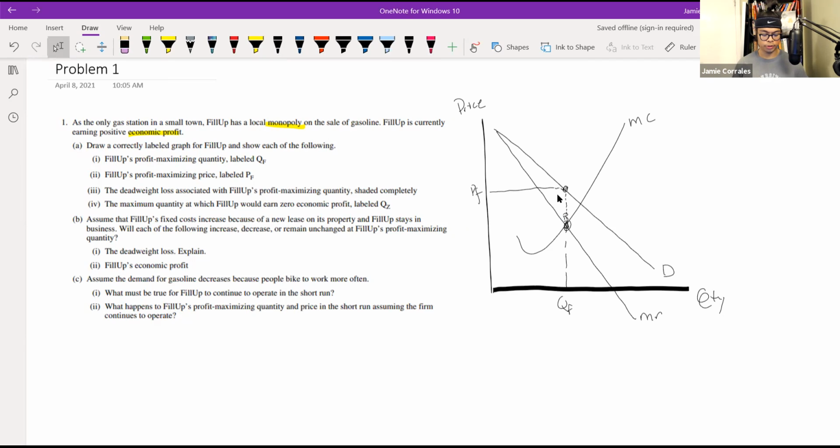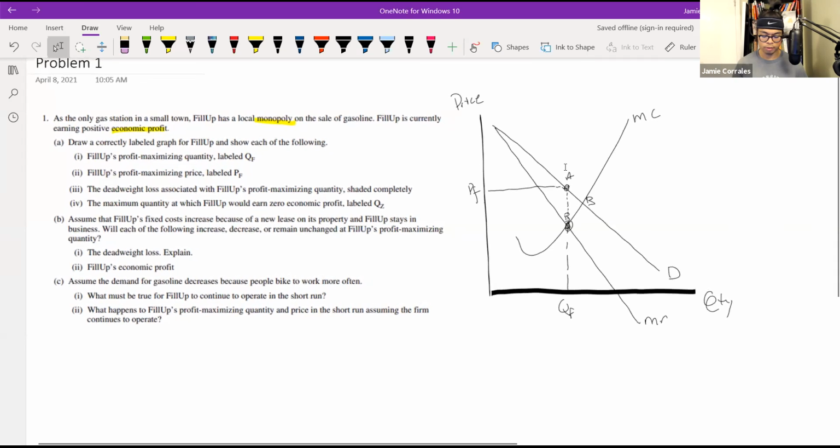And we want to show deadweight loss. That's going to be triangle A, B, C. If we zoom in a bit here, it's this little triangle that's formed between A, B, and C. Let me color that in. Say that's deadweight loss, a loss of efficiency.